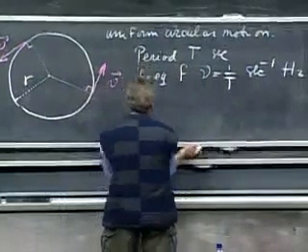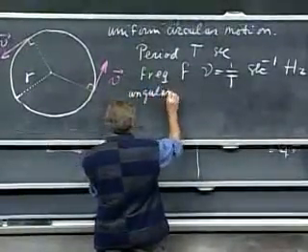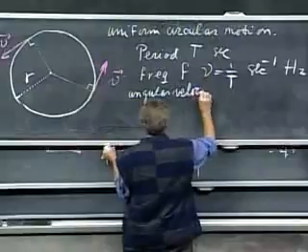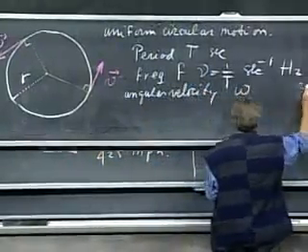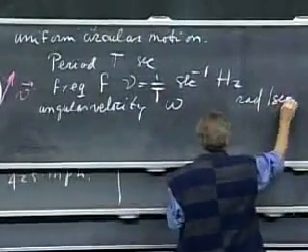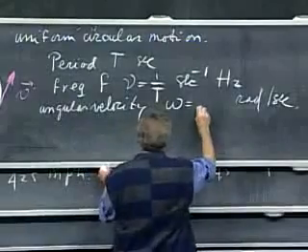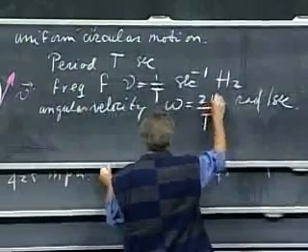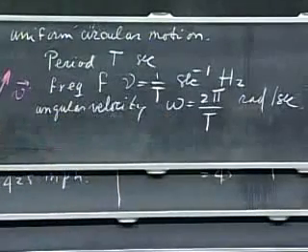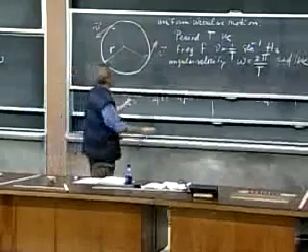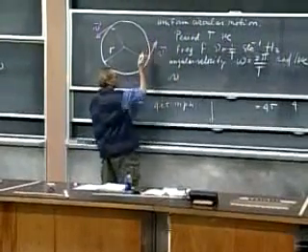And then we identify omega, the angular velocity, which is in radians per second. Since it takes T seconds to go around 2 pi radians, omega is 2 pi divided by T. Now then we have the speed, which we can also think of as a linear velocity.